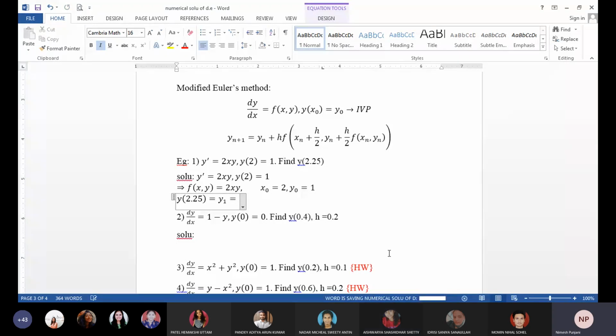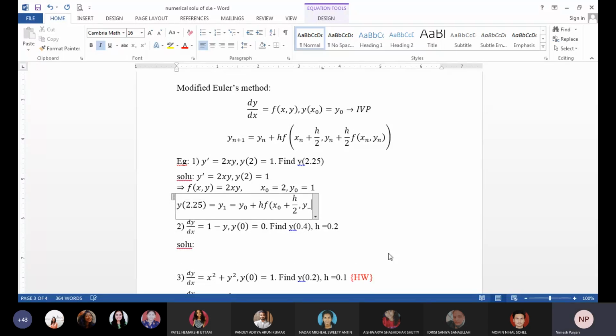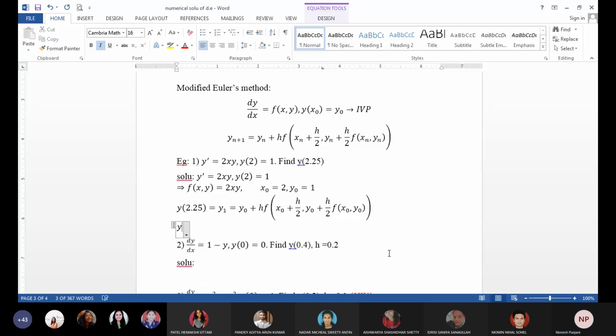0.25. I'll just write down the formula first. y0 plus h f of x0 plus h by 2 comma y0 plus h by 2 into f of x0 comma y0. तो y of 2.25, y0 कितना है? y0 is 1. h कितना है?